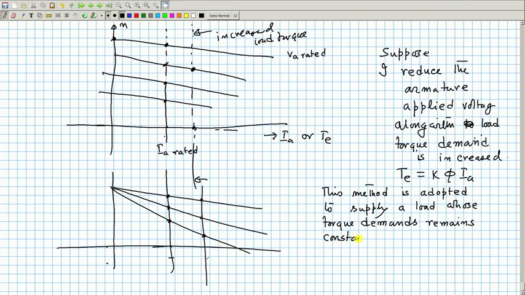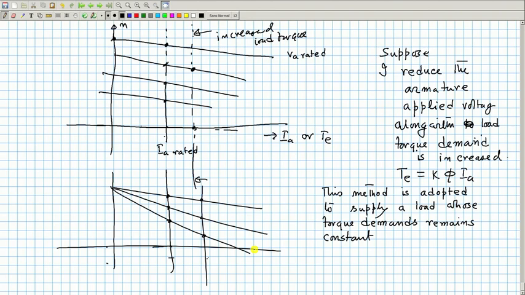Nothing is better than that. Armature current rated value, rated torque, and let that torque remain constant. It will be able to run at different RPM and so on.